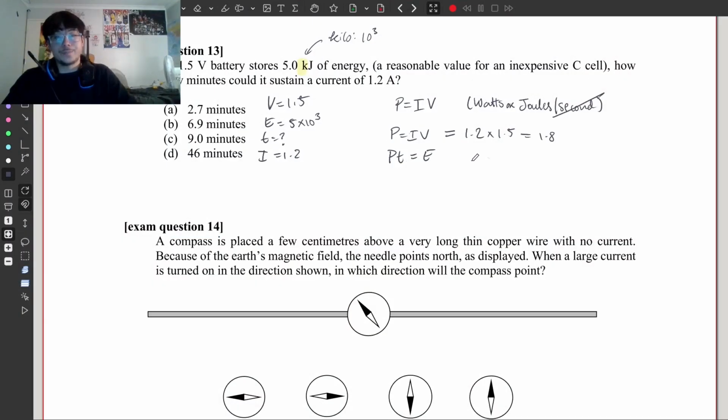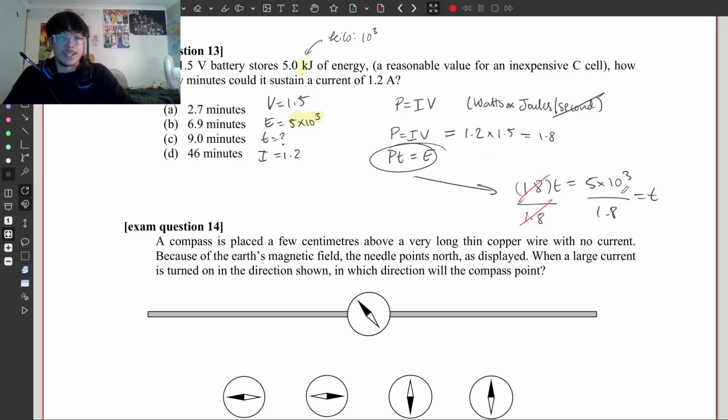And then we use this equation here to get 1.8 times time equals our energy, which is 5 times 10 to the 3. Now to solve for t, we divide both sides by 1.8, and this cancels out, and we have t on its own.